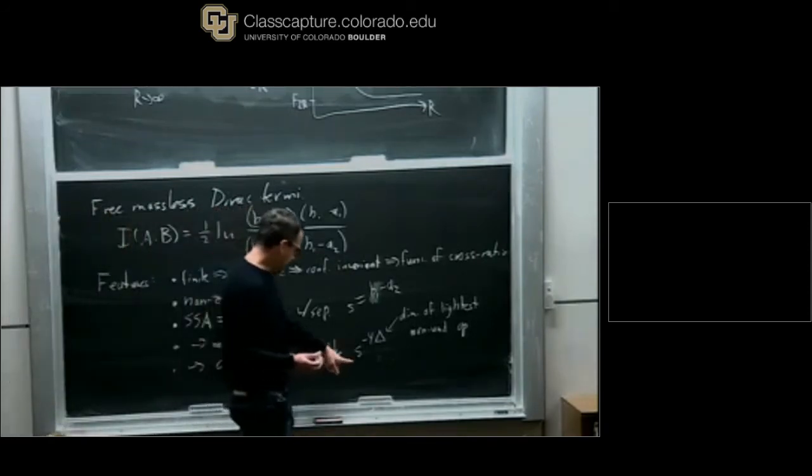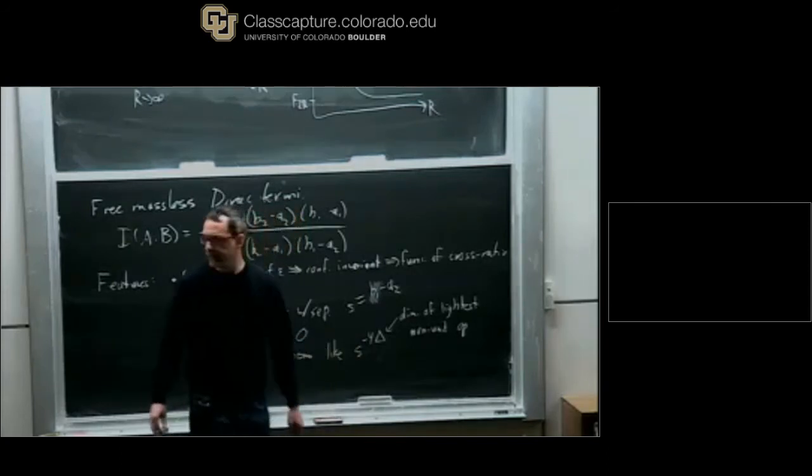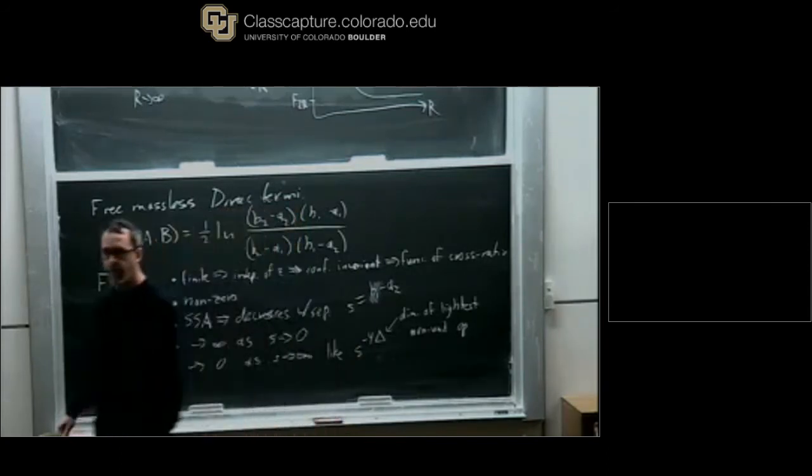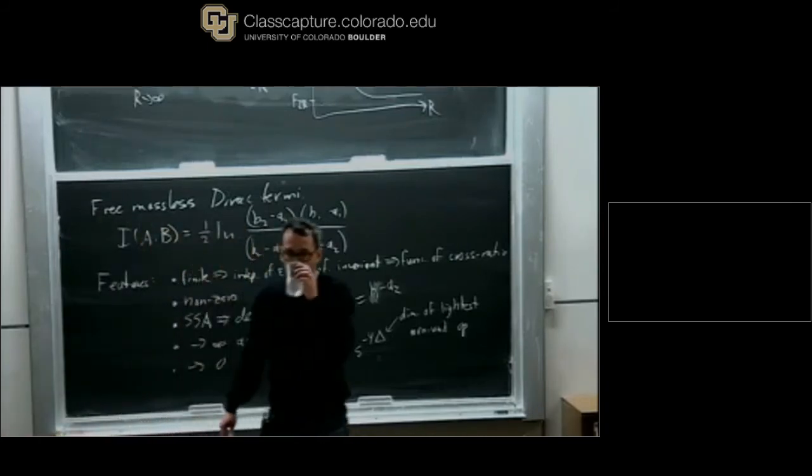And in fact, I think you can say what this coefficient is. Up to some factors of a half or whatever, it is basically the number of operators that have this dimension.